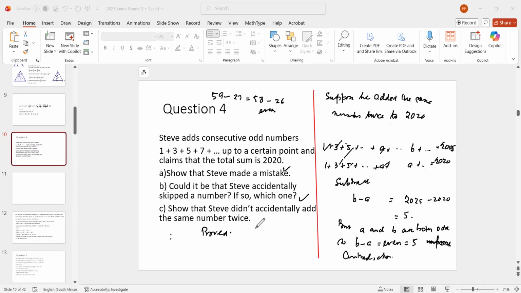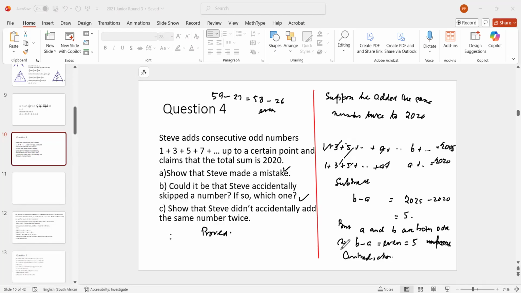Here is, we're saying, suppose Steve didn't actually add the same number twice. So the opposite of that is he did accidentally. Yeah, I'm sorry. We said if he did add the same number twice, it's impossible because you come to an impossible situation where an odd number is equal to an even number.